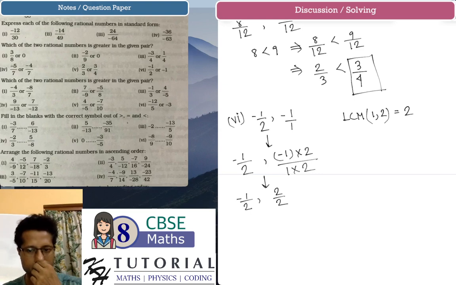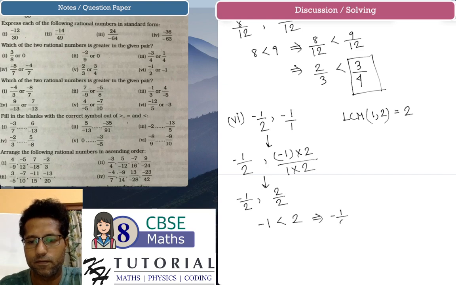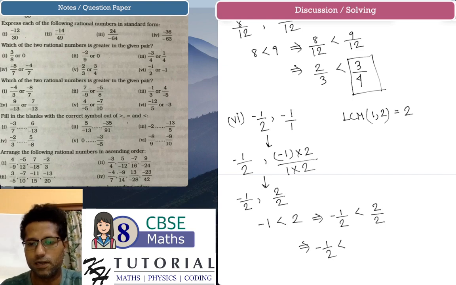Now the two rational numbers have the same denominator 2. Now we will compare these rational numbers based on the numerators and we clearly see that minus 1 is less than 2. So this implies that minus half will be less than 2 by 2, the original rational number was minus 1 by 1.